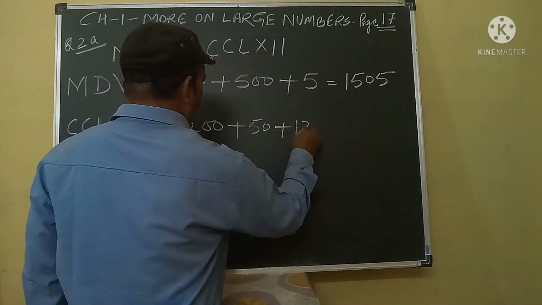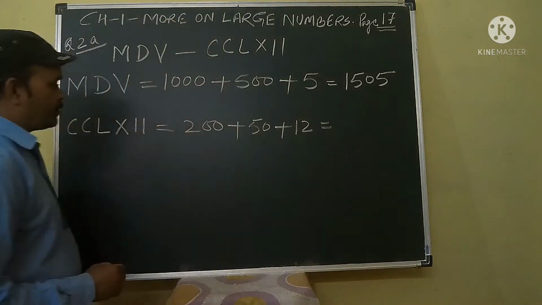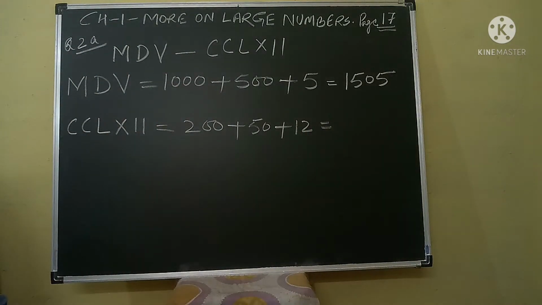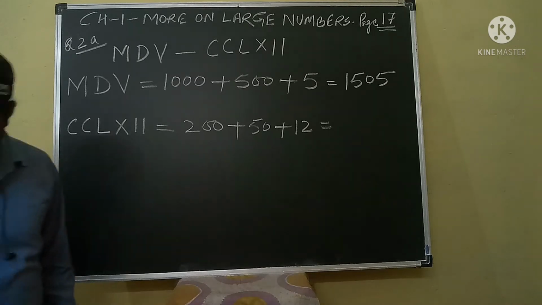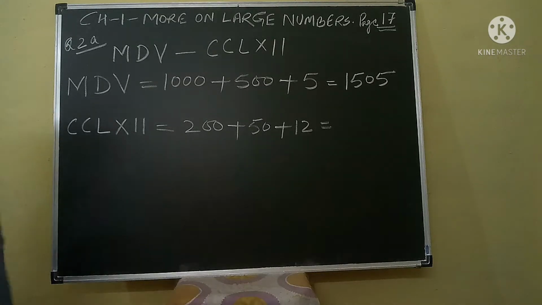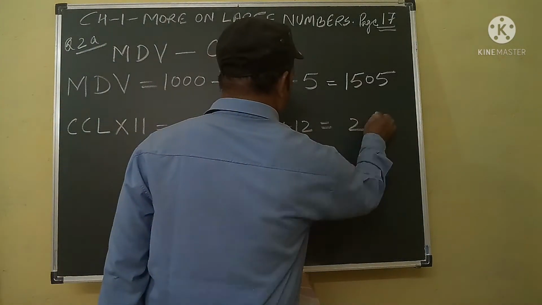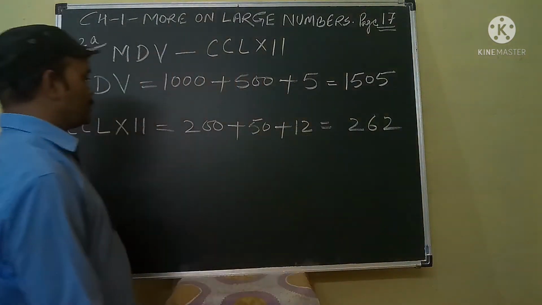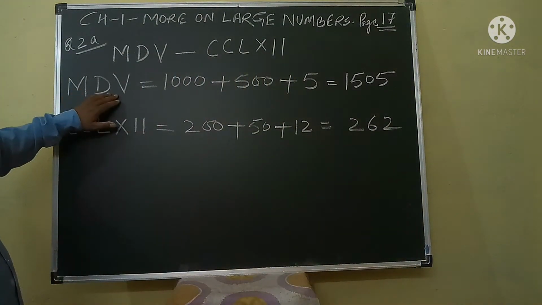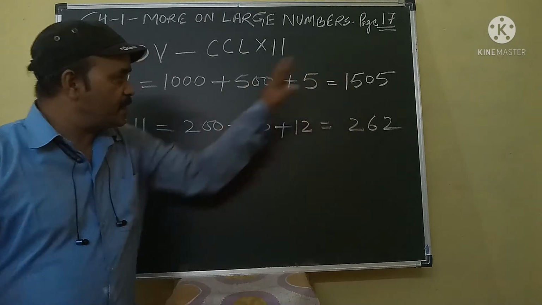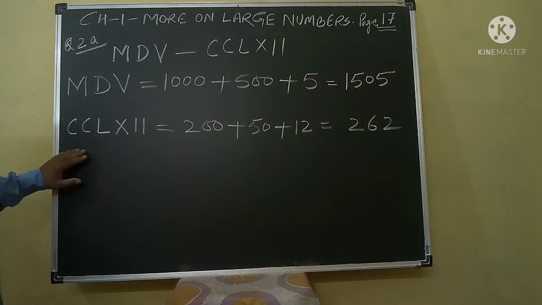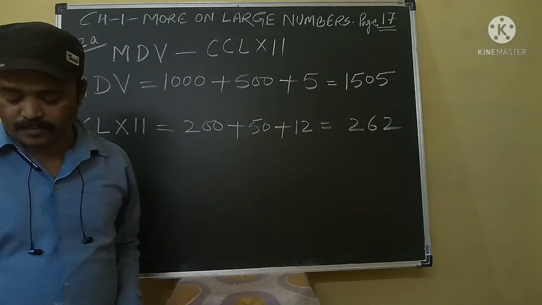This is 12. After adding you will get 262. This is the symbol of 1505, and this is the symbol of 262.